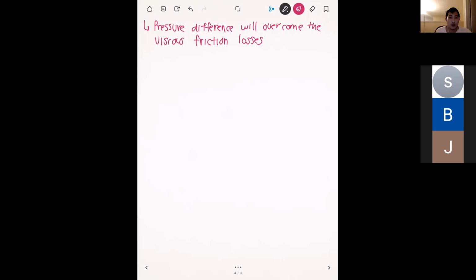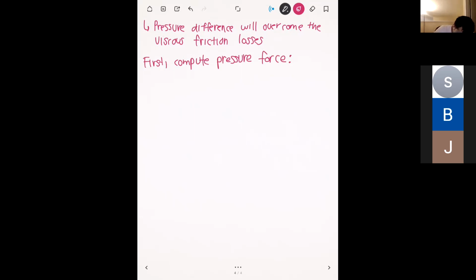The first thing we need to compute is the pressure force. To do that, we need to multiply by an area, because pressure is nothing more than force divided by area. If we multiply by area, then we get a force.